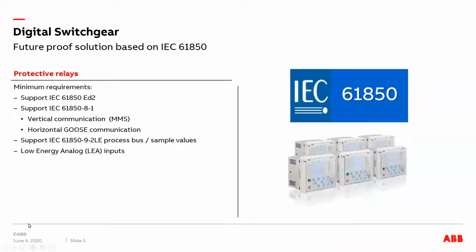Okay, so what is the minimum requirement for a digital switchgear? Obviously, as we discussed, the protective relays, the IEDs, should support the IEC 61850 standard completely. It should support 61850 Edition 2.